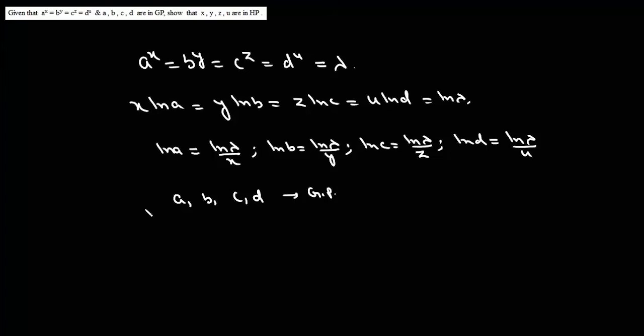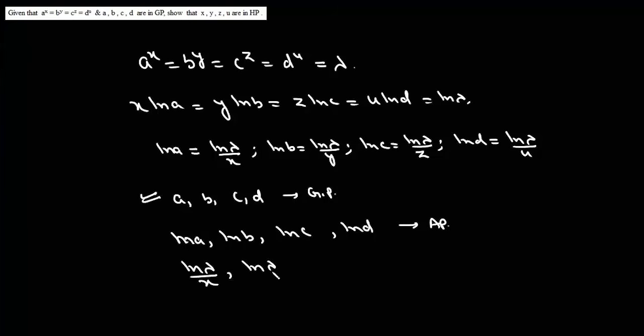Now we know that if a, b, c, d are in GP, then log a, log b, log c, and log d are in AP. Now we'll put the values of log a, log b, log c, and log d. So there will be log lambda upon x, log lambda upon y, log lambda upon z, and log lambda upon u.